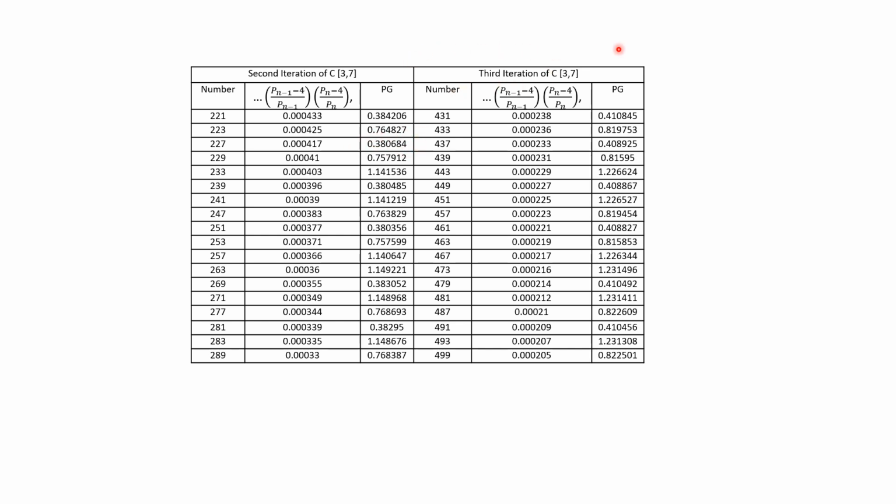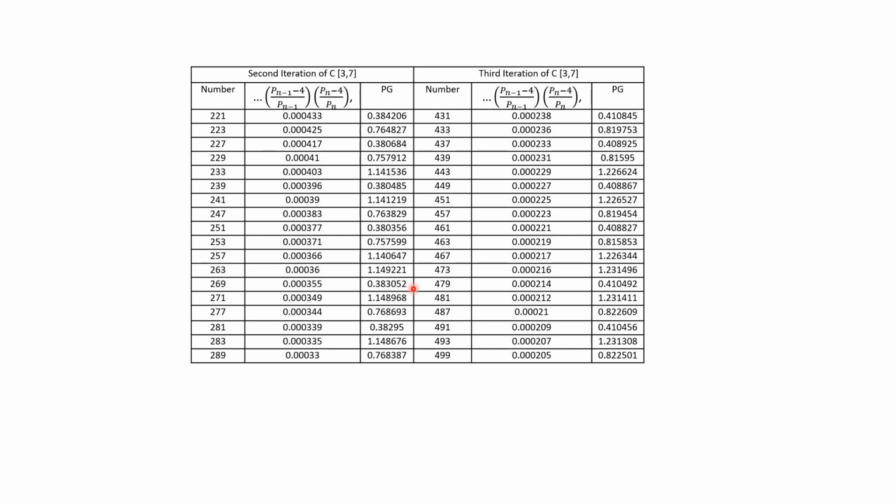But in the next slide, I have the complete iterations. So these two slides are the whole two iterations, second and third iteration. And we're gonna see that from here, 0.3842, for example, to here, 269, is 0.3830.